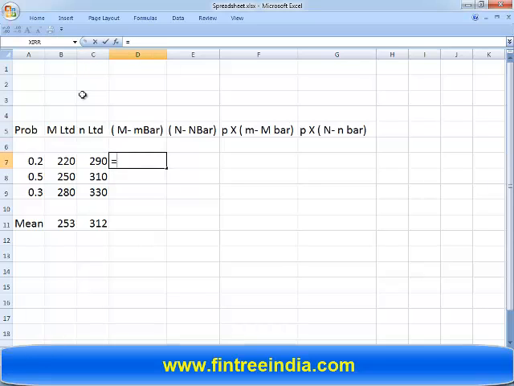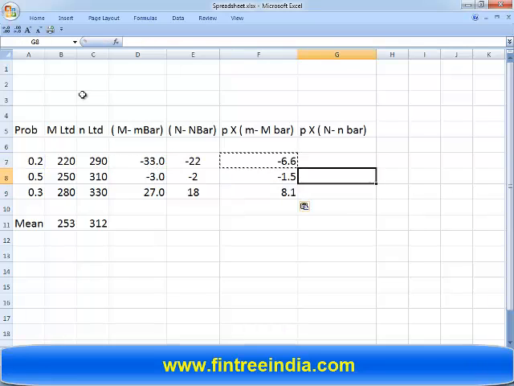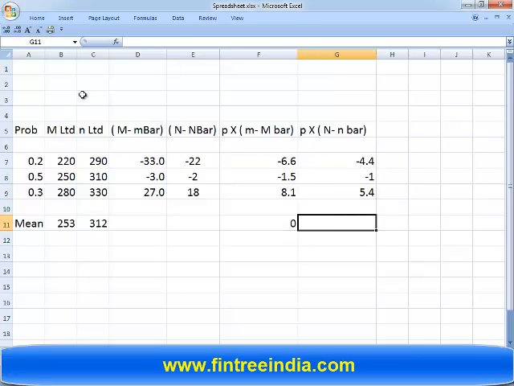Then once you have this, we will calculate M minus M bar, which would be equal to 220 minus 253, and that is minus 33. Then on this side we will have N minus N bar. Then probability multiplied with M, probability multiplied with N, and then we take a total of this. So here you have to say square.